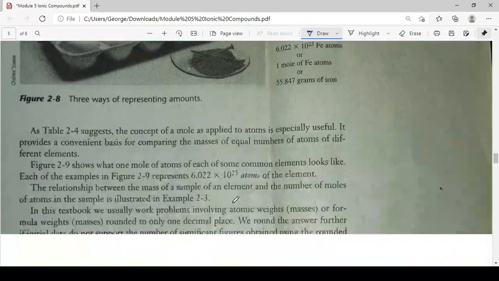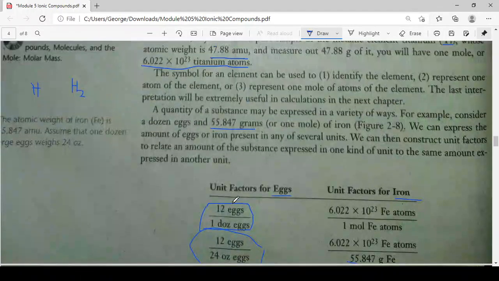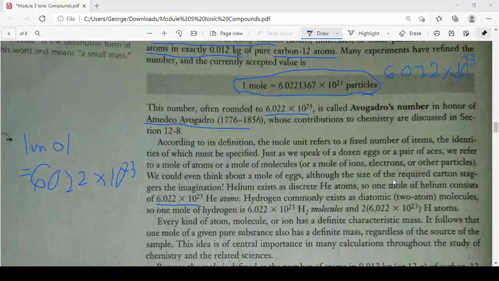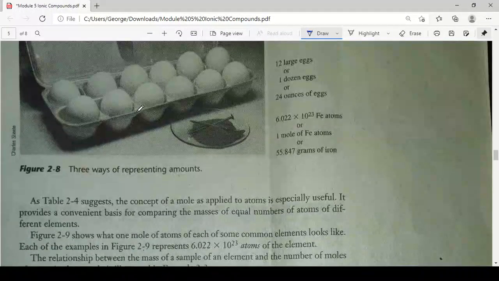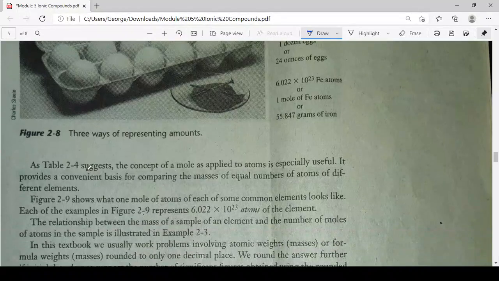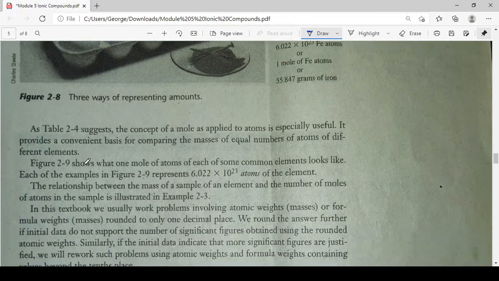So as table 2.4 suggests, here is your table 2.4. As our table 2.4 suggests, the concept of a mole as applied to atoms is especially useful. It provides a convenient basis for comparing the masses of equal numbers of atoms of different elements.